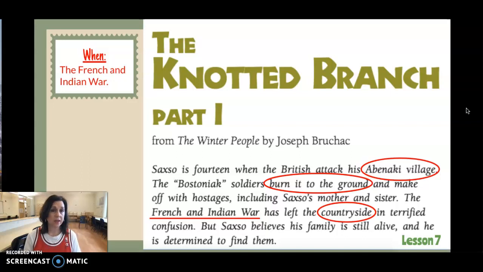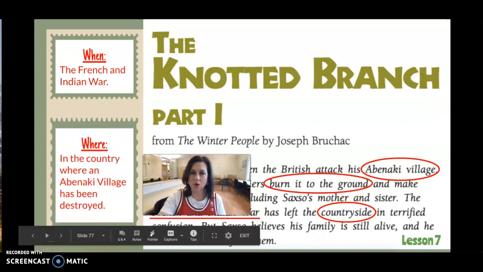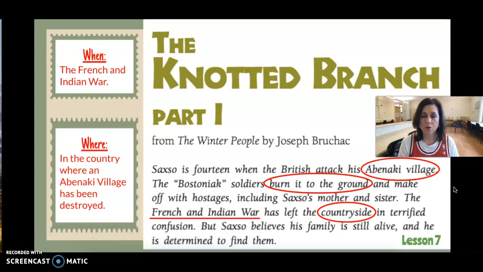Well, it was taking place during the French and Indian War. And then where? If you look, it says in the country, Abenaki village, and it's been destroyed. So it's in the country where an Abenaki village has been destroyed. That's where it's taking place right now. Now remember, setting can change.